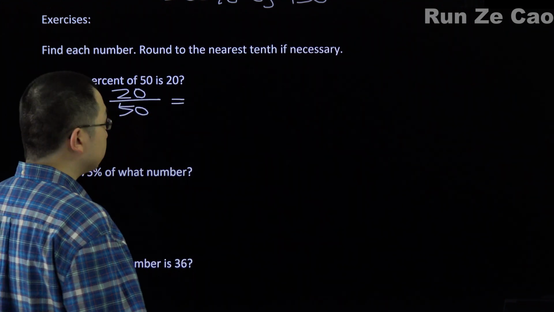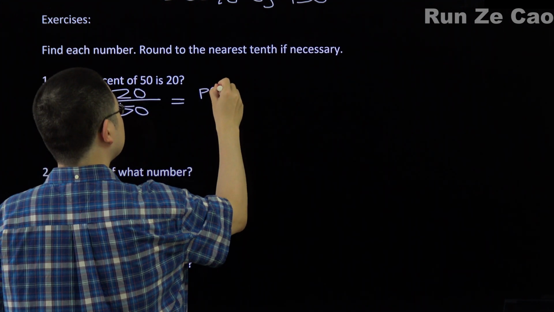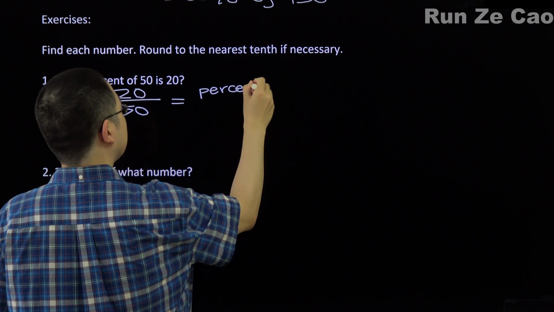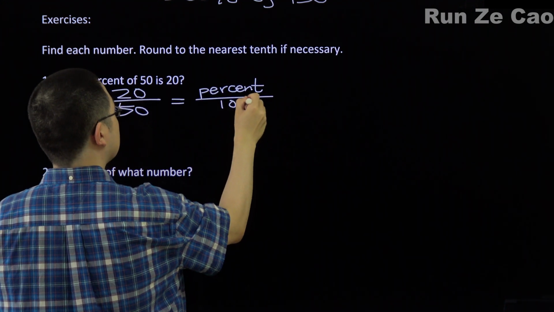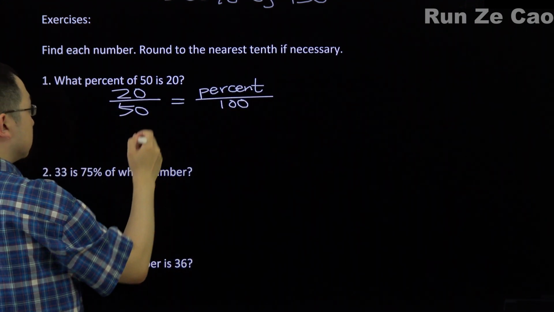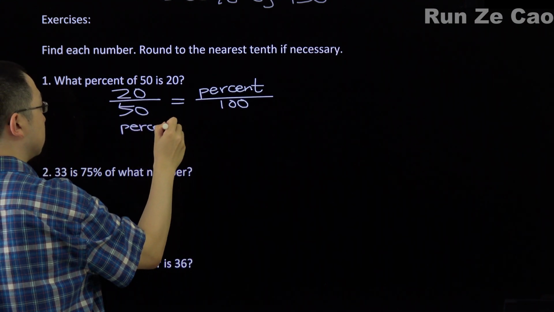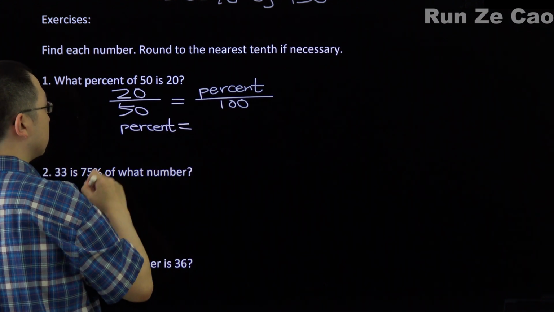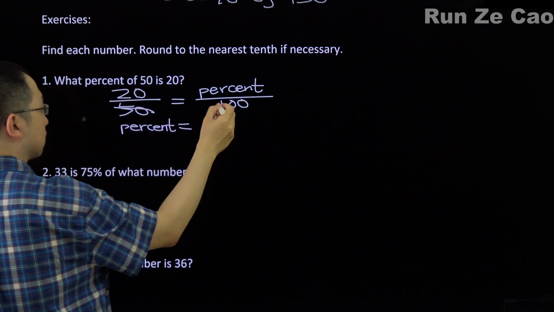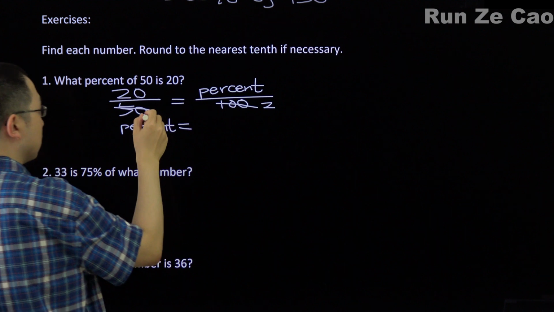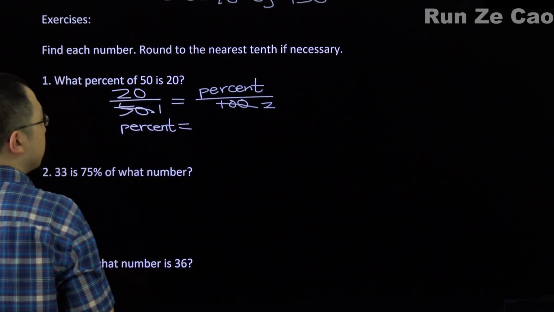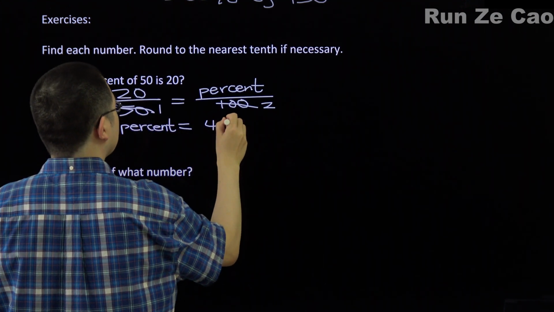Okay, what else could we do? Percent over 100 equals 20 over 50, and as a result, we can cancel these to get a 2 and a 1. Percent equals 40.